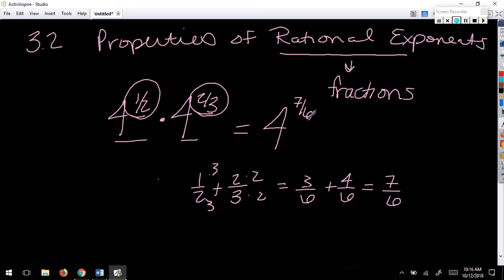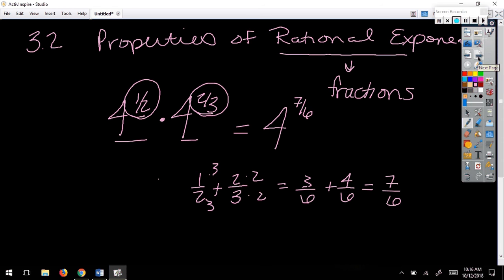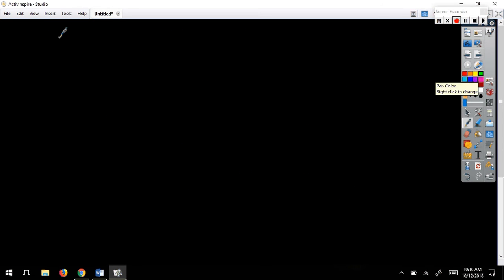Okay, so we're going to use these properties as we simplify some expressions. Let me give you a little hint here. As you go through simplifying expressions, remember those properties of exponents with multiplication and division.